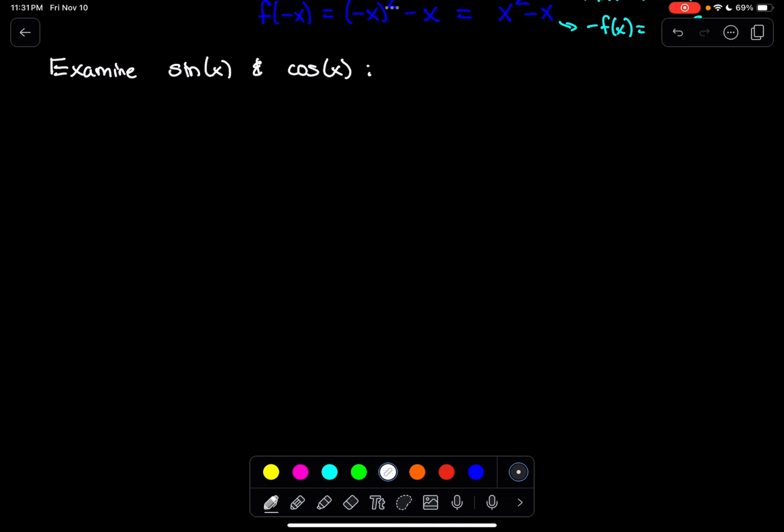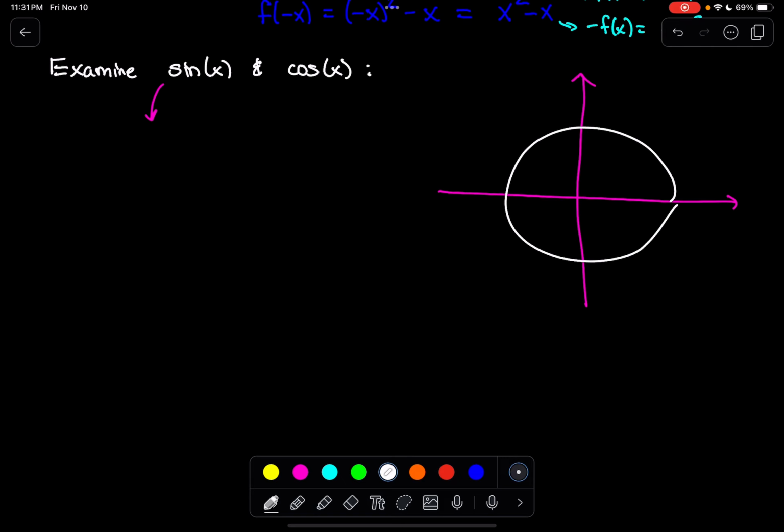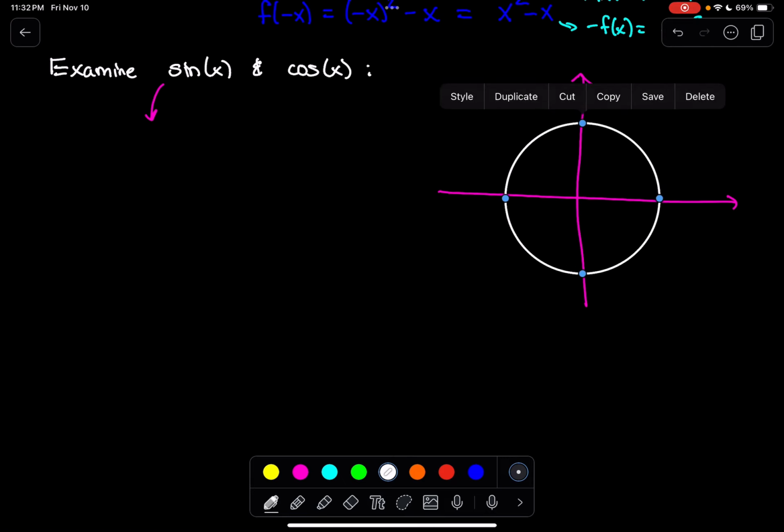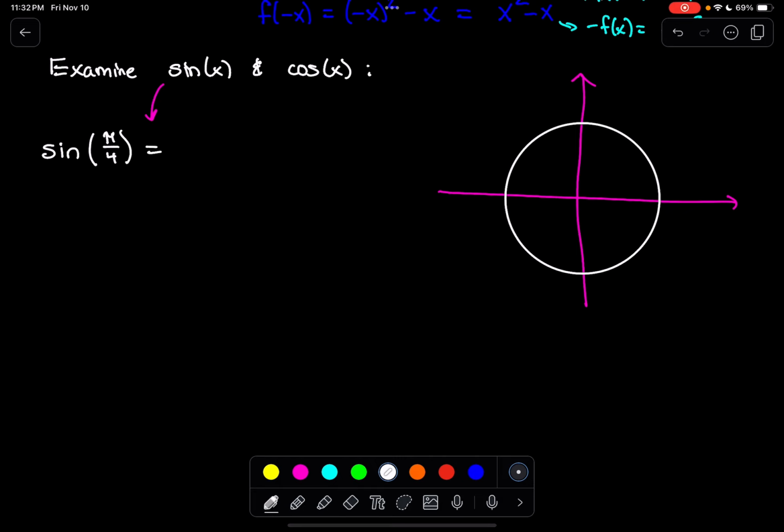So starting off with sine of x. Okay, sine of x. So let's just kind of test some values, and maybe I will draw us a little unit circle over here just to kind of help us as we do this. All right. So if I consider, say, sine of pi over 4, this is root 2 over 2, because if I go to pi over 4, that is going to be the y value that I end up at.